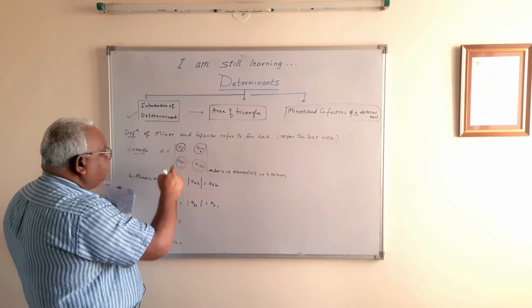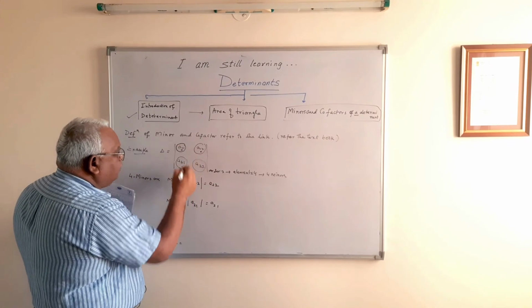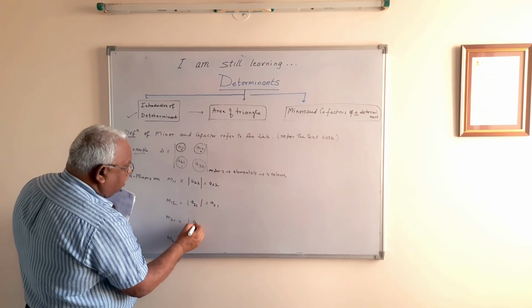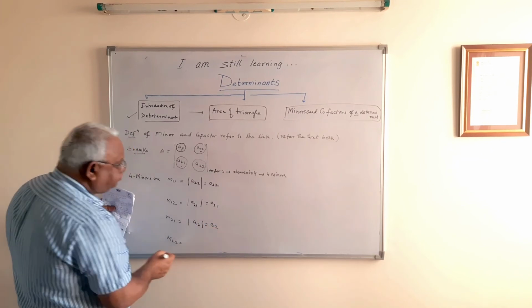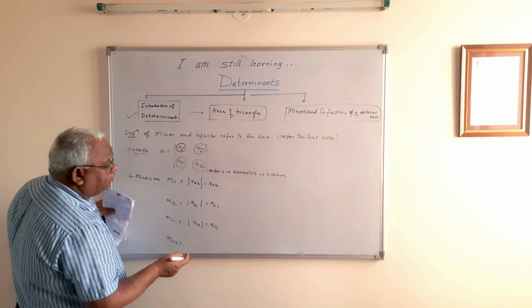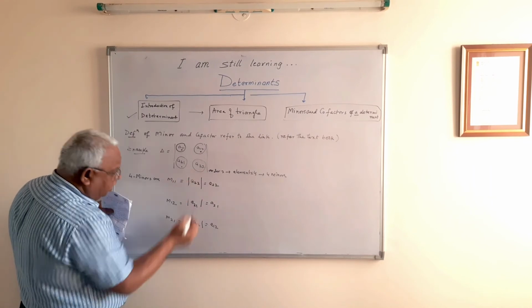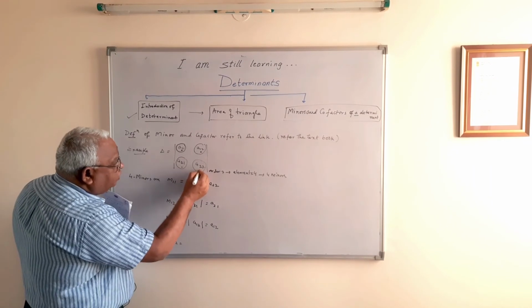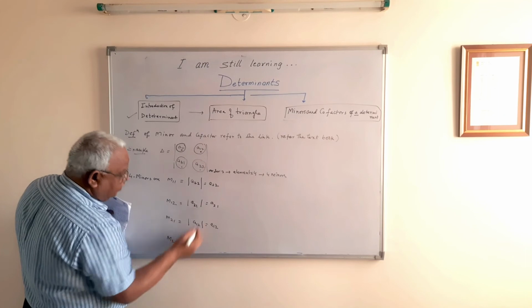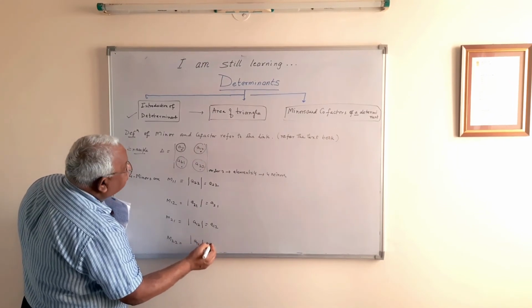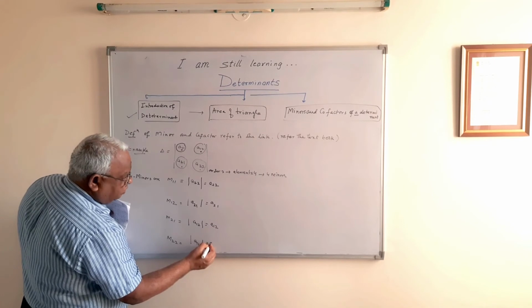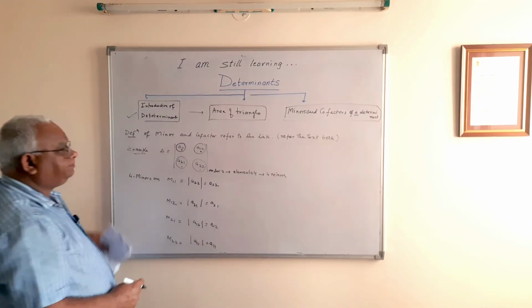So you will delete this row and this column. So you will get A12. So answer is A12. You have to be very careful while doing it. Okay. Then M22 means related to this. So you'll delete this row and this column. So you'll get A11.